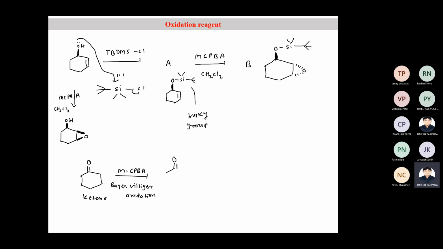A six-member ring gets converted to a 7-member ring. This is the ester.